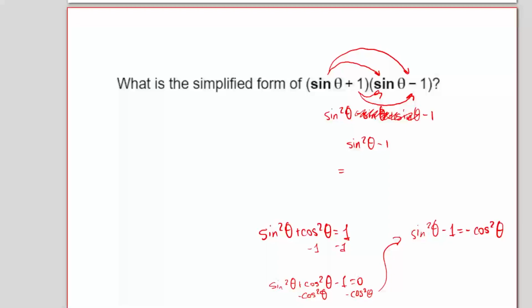So there we have it. We have sine squared minus 1 right here, but that's equivalent to negative cosine squared of theta. And that is the answer. So just use the trigonometric identity to rewrite sine squared minus 1 in some form after multiplying this form out.